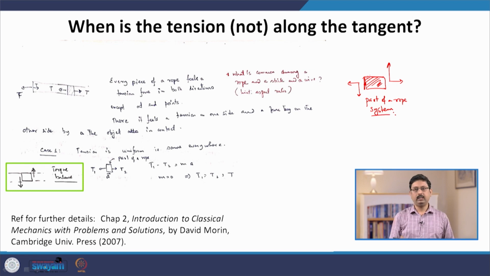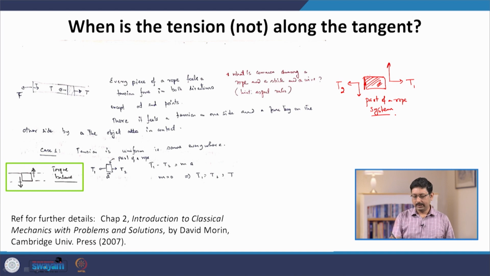Now, as in the previous case, we assume that the tension is uniform. But what if we now look at the torque balance condition? If there is a component of the tension in the vertical direction, then we can see that there could be a torque.